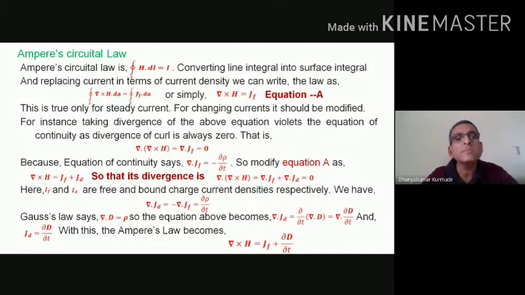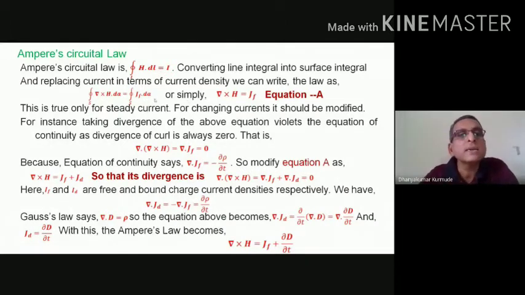To have the total current, again we have to integrate this J dot dA over the entire cross-section area of the conductor. So we can write the total current flowing through the conductor, I, as the surface integral of J_f dot dA.